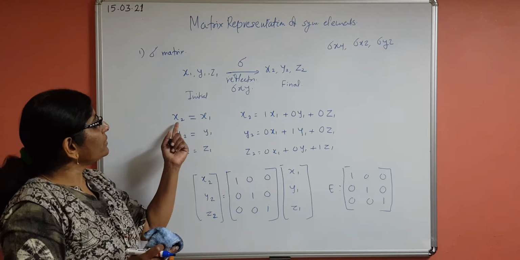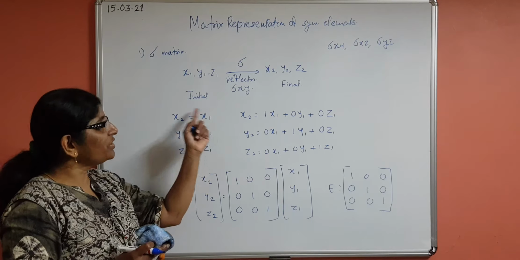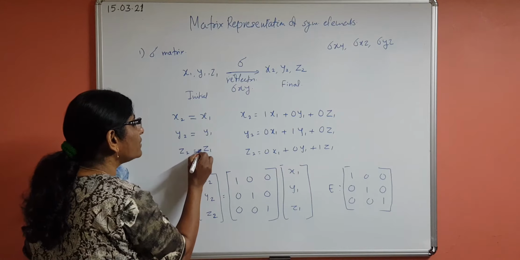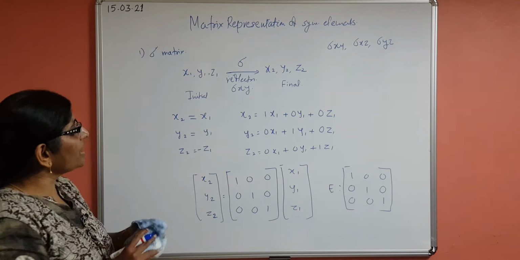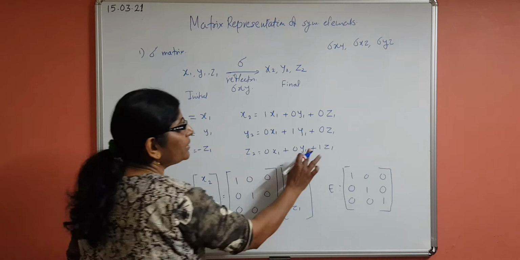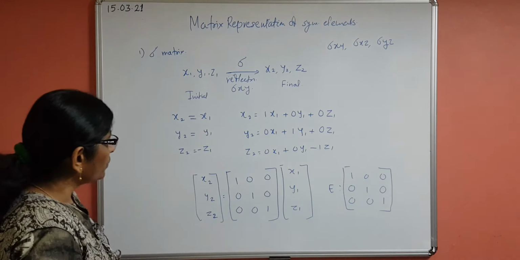So x2 and x1 will not change, and y2 and y1 will not change, because x and y is the plane. Only z will change, or reverse, and it will become minus z1. So in the equation only this change will happen, and we have to make the change here also, minus 1 z1. Where is the change?